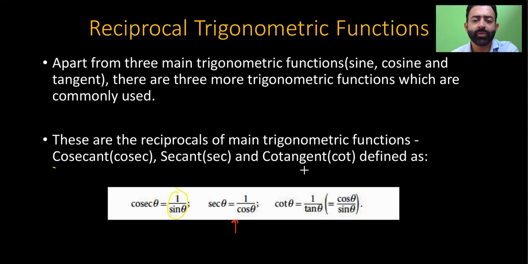And lastly we have cotangent, in short pronounced as cot theta, which is defined as a reciprocal of tan theta. So cot theta is basically the ratio of cos and sine, as tan theta is the ratio of sine and cos. So we call these three new ratios the reciprocals of the three basic ratios, sine theta, cos theta and tan theta.